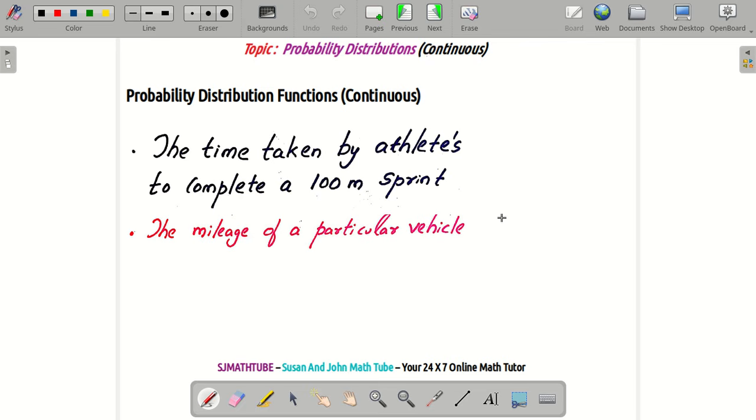Maybe some of you will say 10 kilometers to 20 kilometers per liter of fuel. Some others may say maybe 12 to 15. Some might say 20 to 25. Anyway, I'm sure about one thing. You'll not be able to give me an exact answer, but you'll give me an interval, and the answer will be somewhere between those two numbers. So that's another example where we measure in a continuous manner.